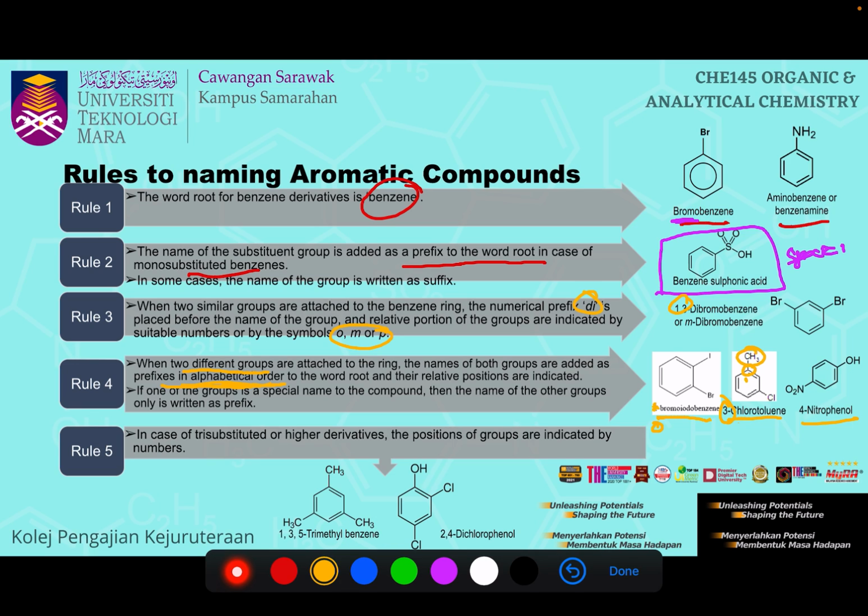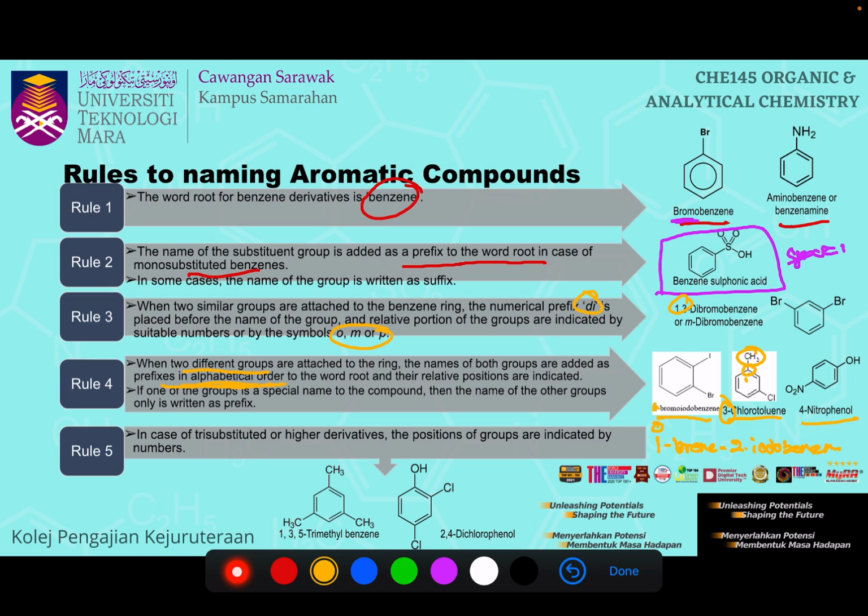The 2 here can't be for bromo, because bromo has to be the first carbon, since it is alphabetical order, right? So it should be 1-bromo-2-iodobenzene. So this is following the alphabetical order.